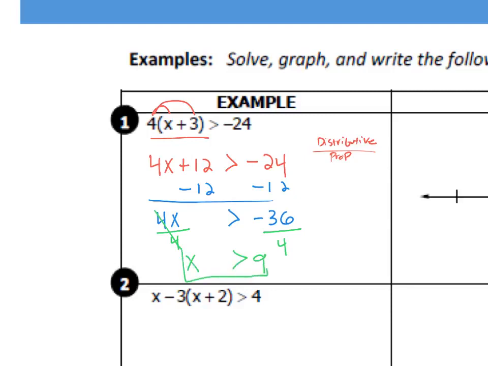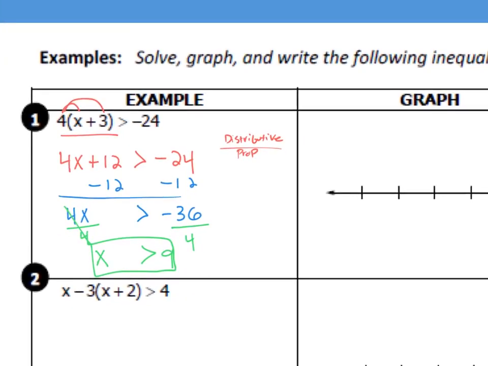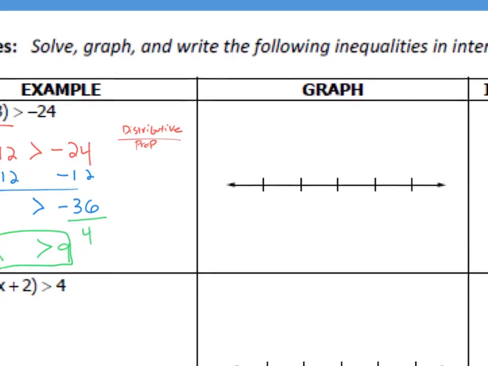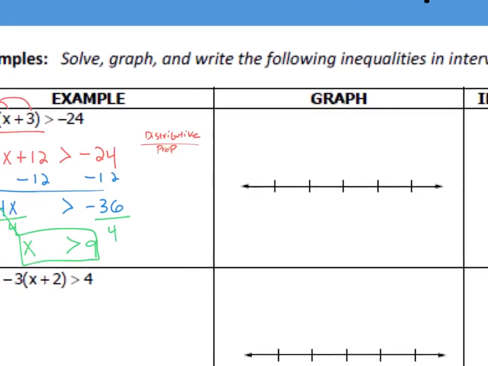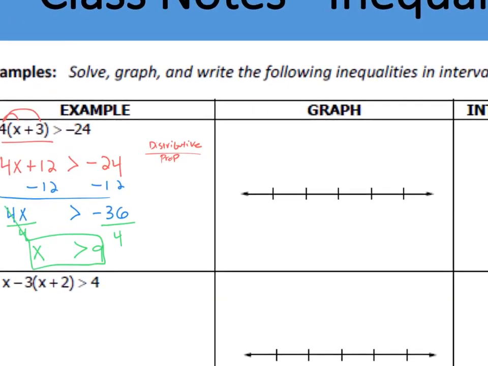And so we are going to graph that. So we'll bust over to our graph area. Again, we're doing x is greater than 9, so I need to label my grid with things around 9. So 9, 10, 11, there's 8, and there's 7. If x is greater than 9, remember we use an open circle.